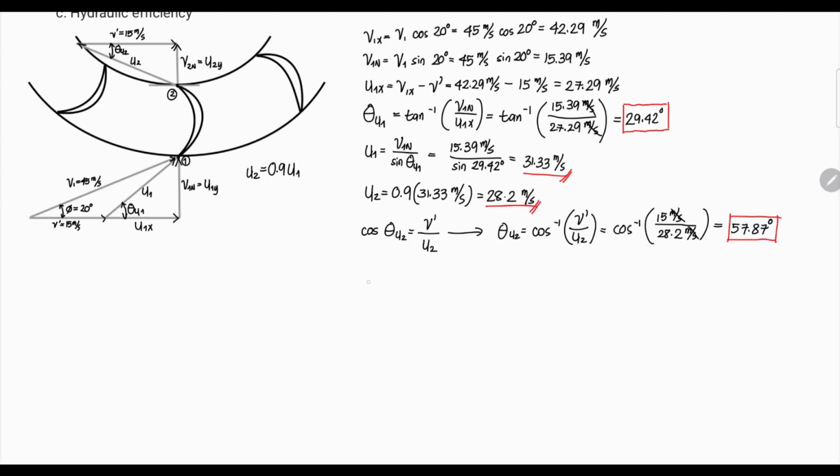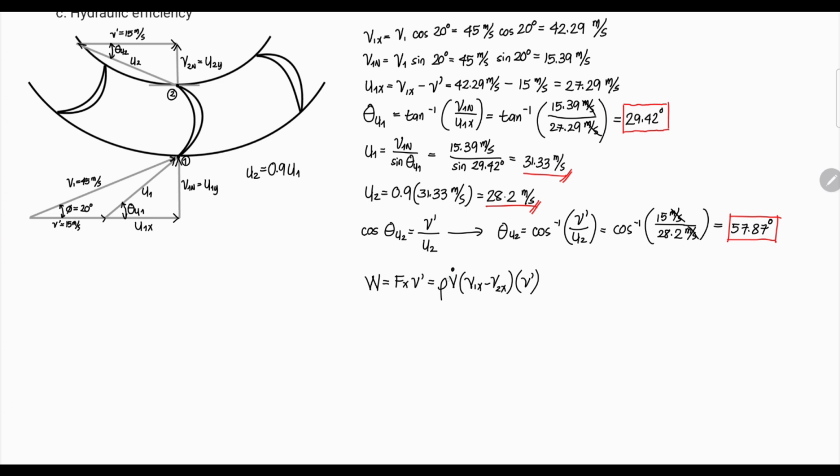Now to solve for the value of our work, it is equal to force along x times our v prime. The force along x is rho times the volume flow rate times v1x minus v2x, multiplied by v prime.